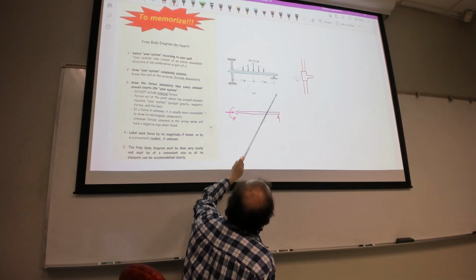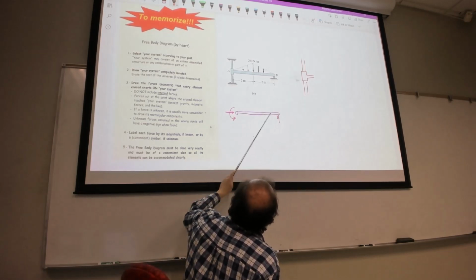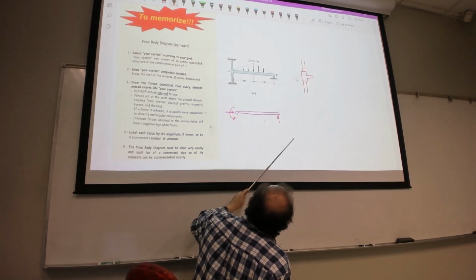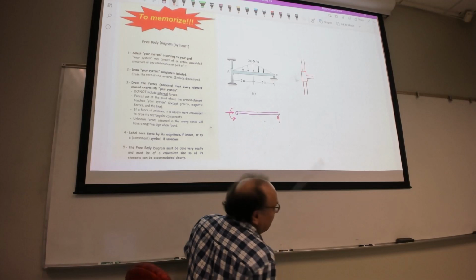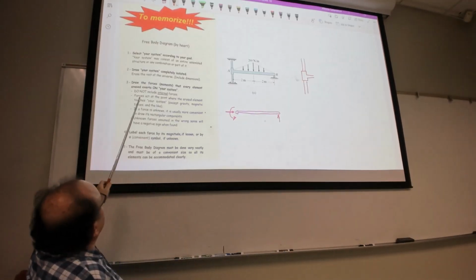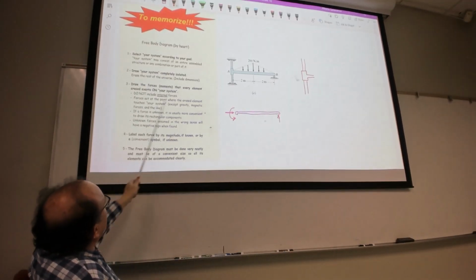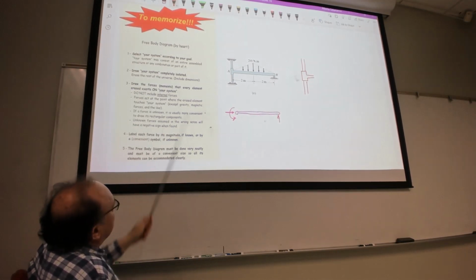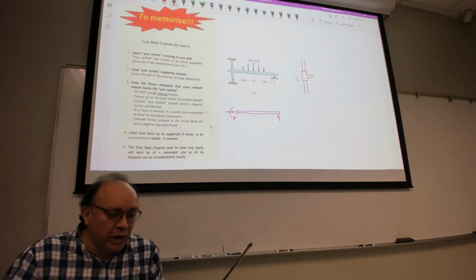Wherever the element that you erase in order to leave this free, at the point of contact where you remove that element, that's where the force is applied. That's what this means. Forces act at the point where the erased element touches your system, except for gravity and magnetic forces, things like that. We are not considering the weight of this beam.